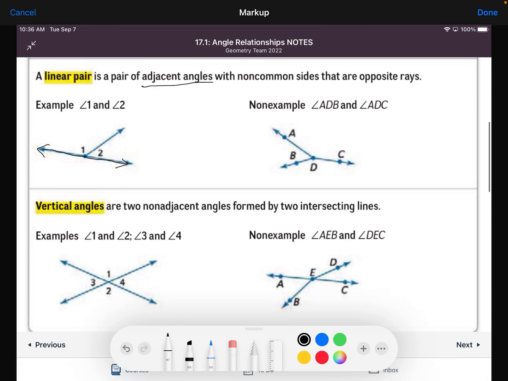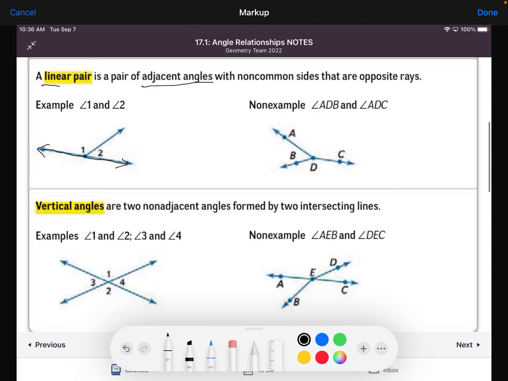If they're opposite rays, that means that they form a line. You can remember that easily because it says linear pair, so line is in the word linear. It means that the 2 angles together form the full angle of a line, so that'd be 180 degrees.